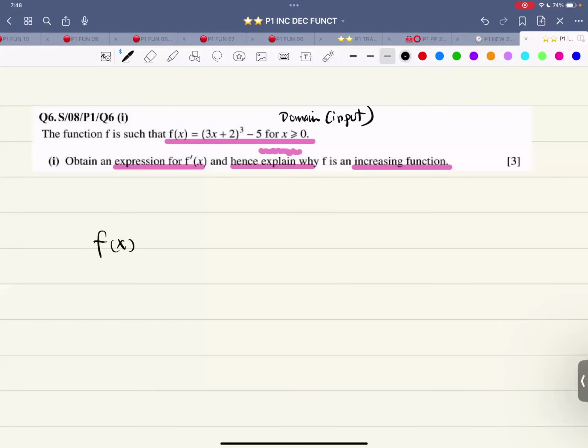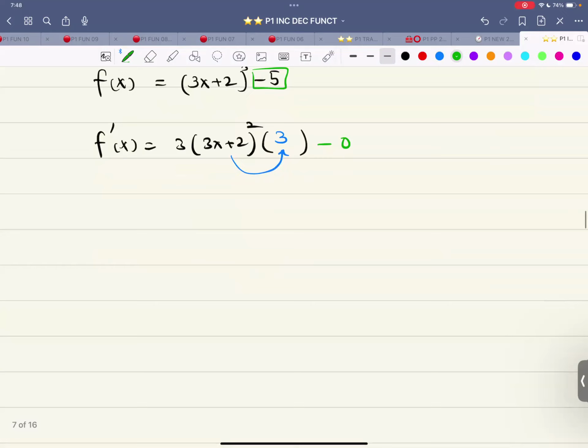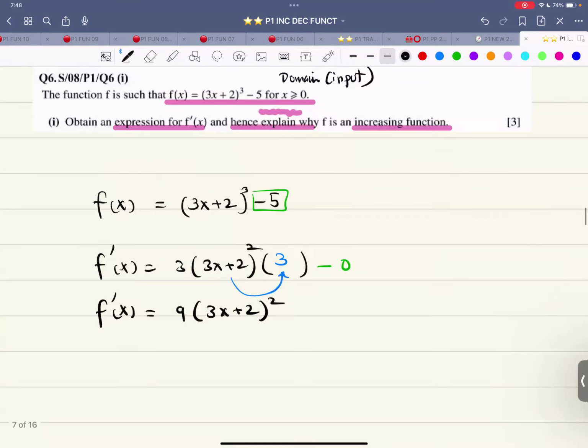f(x) equals (3x + 2) whole cube minus 5. f'(x) equals 3 bracket (3x + 2), power reduces by 1. What is the derivative of the bracket? That is 3. And for -5, the derivative is 0. So therefore, what do we have? We have f'(x) equals 9(3x + 2) whole square.